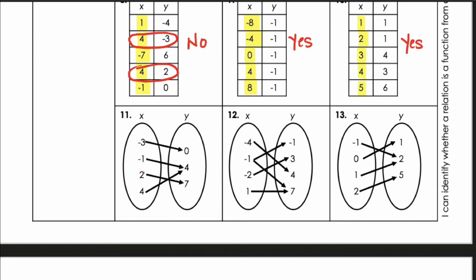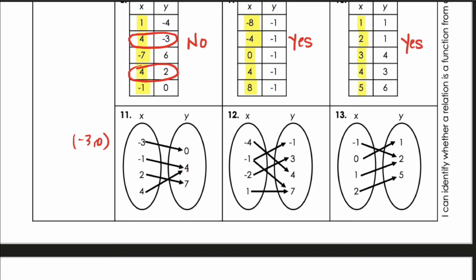What you're checking to make sure is that you do not have two arrows coming off of the same x number. Okay? So if I look at the -3 here, it only has the one arrow coming off of it from -3 to 0. That tells me that I have the ordered pair -3, 0. That's the visual way of representing it when we do a mapping.